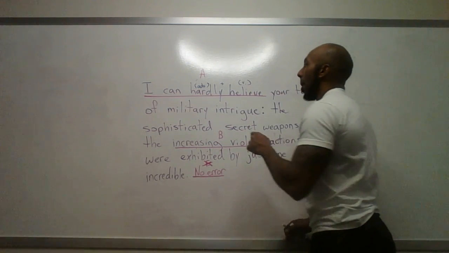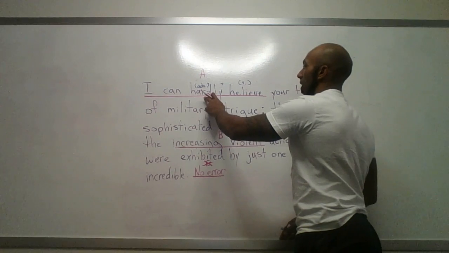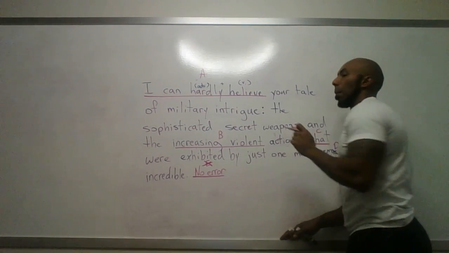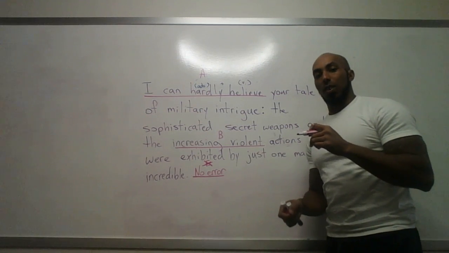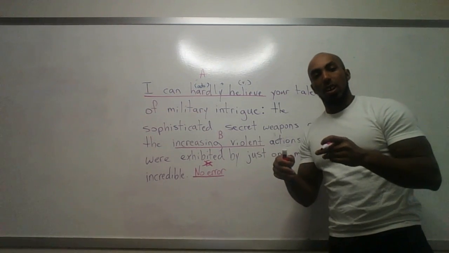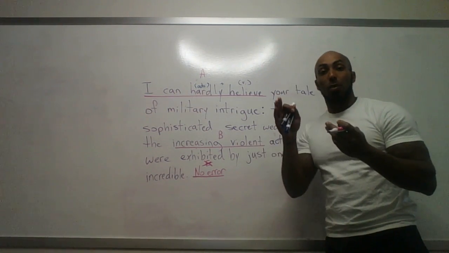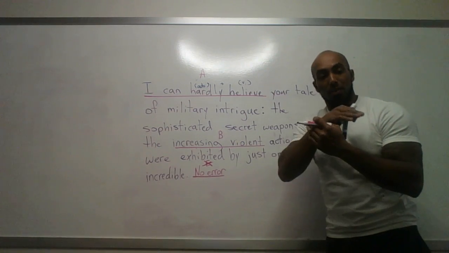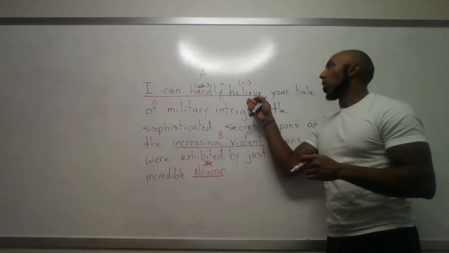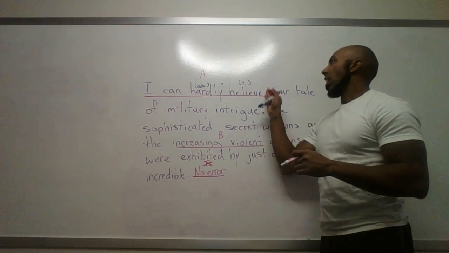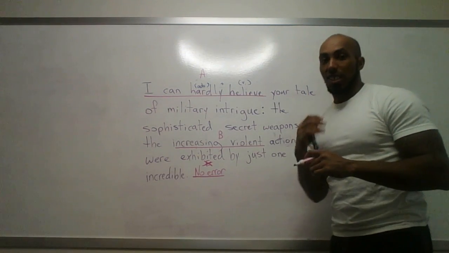Let's start at A. Here we have the combination of an adverb and a verb. Now, if you remember from some of the videos before that I've done, I talked about the order of verbs and adverbs, right? And in some cases, an adverb can go before and after the verb. And this is an exception to that rule. We couldn't have the adverb hardly after believe because it wouldn't make any sense.